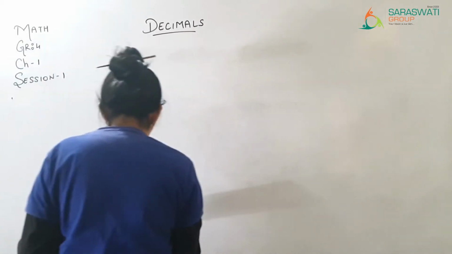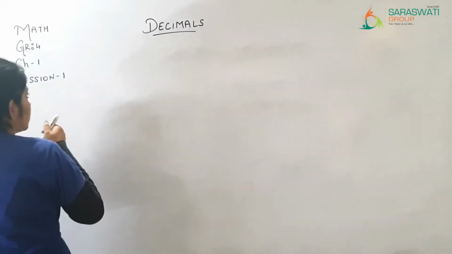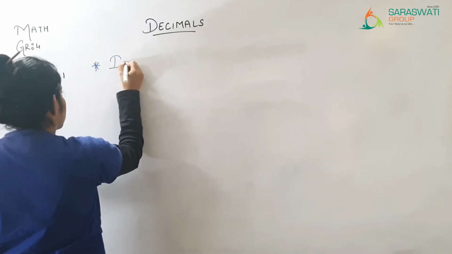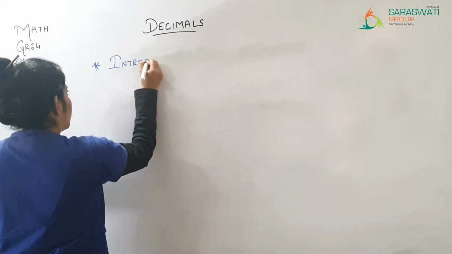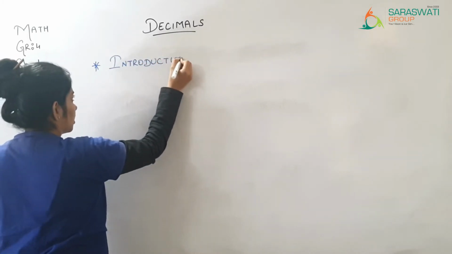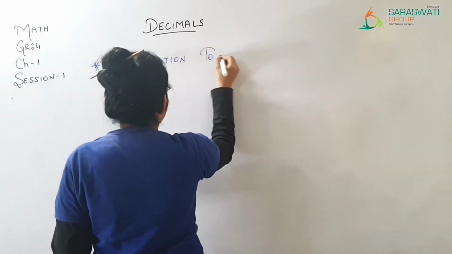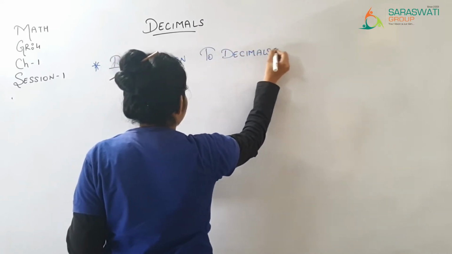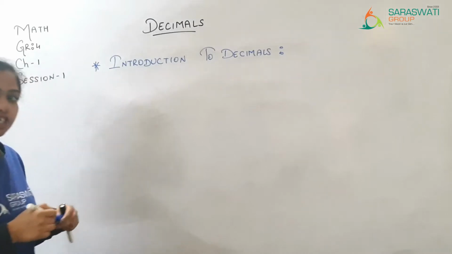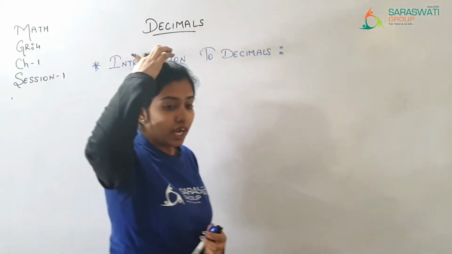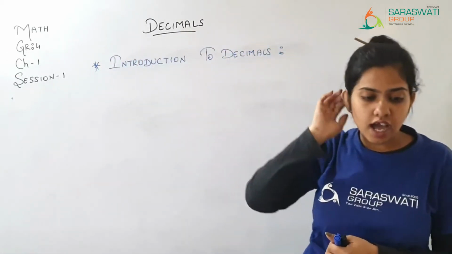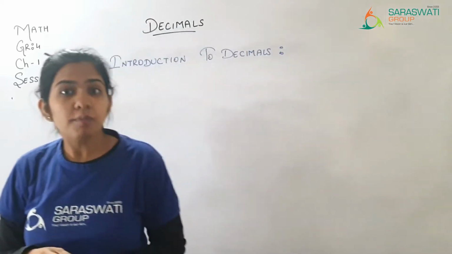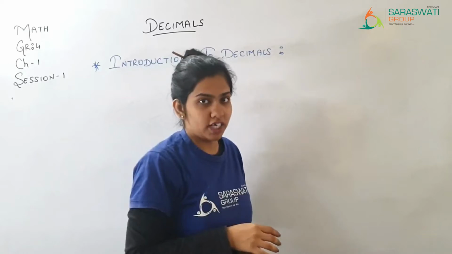Now we are going to start with introduction to decimals. Decimal fractions are fractions whose denominator is 10 or a product of 2 or more tens.